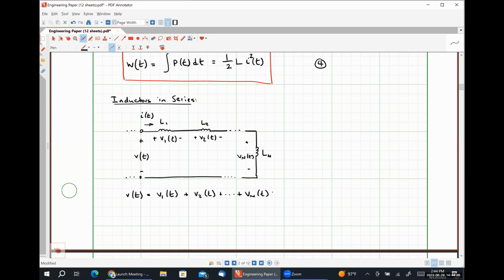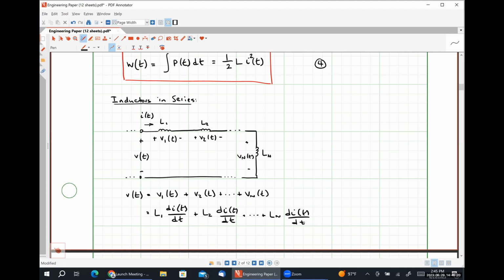We can express all of these inductor voltages in terms of our current. So the voltage drop across inductor 1 is just going to look like L1 di by dt. The voltage drop across inductor 2 is L2 di by dt, and so forth. So when we get to inductor n, we're going to have L sub n di by dt.